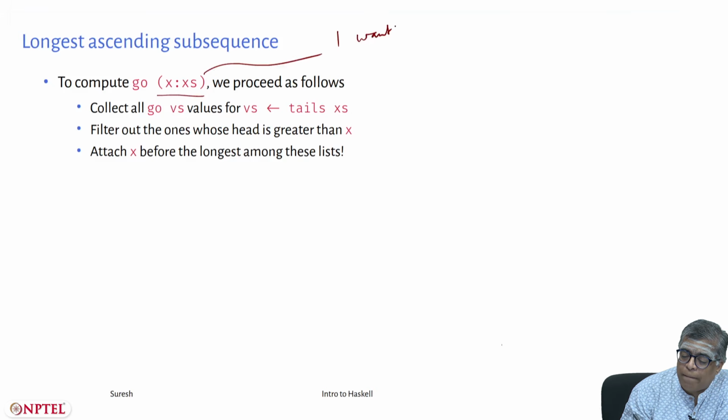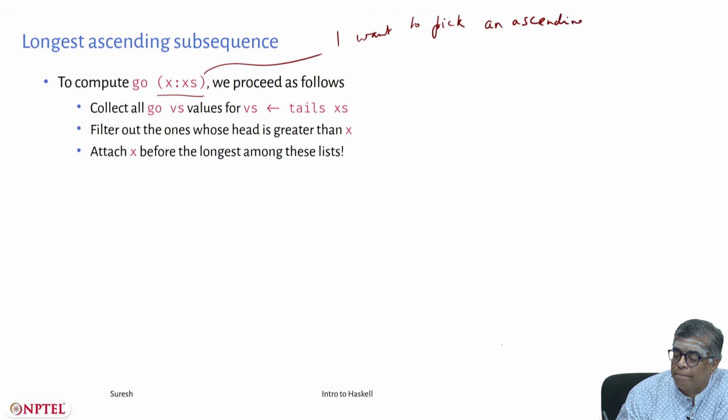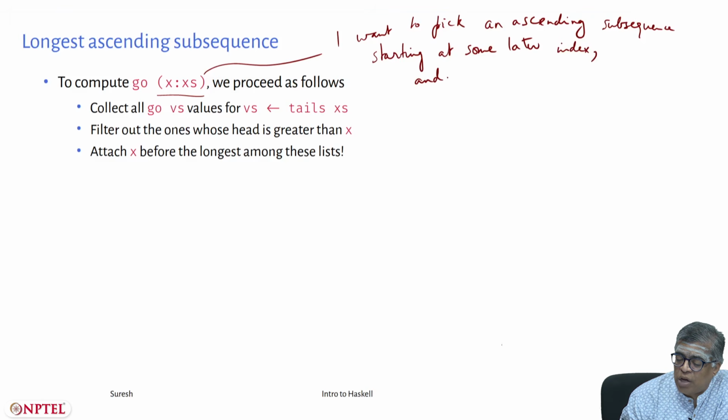I want to pick a longest ascending subsequence starting at some later index and stick x in front, right.